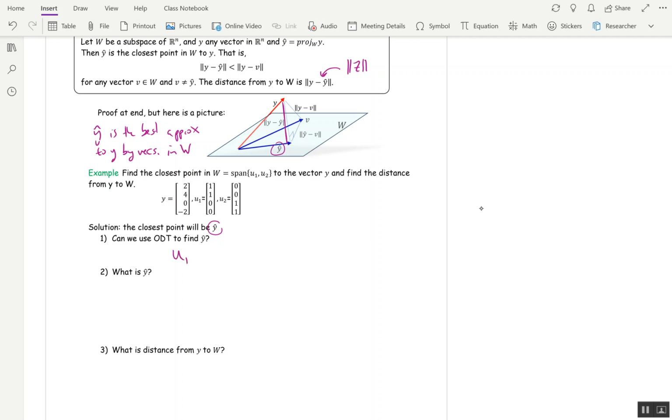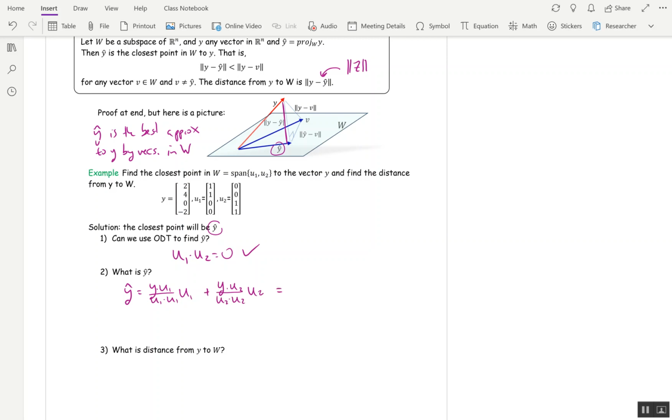Are they orthogonal? Well, yes, they are. We can see that readily just by visual inspection. So what is y hat? Well, let's write down the formula. y dot u1 over u1 dot u1 times u1, plus y dot u2 over u2 dot u2 times u2.